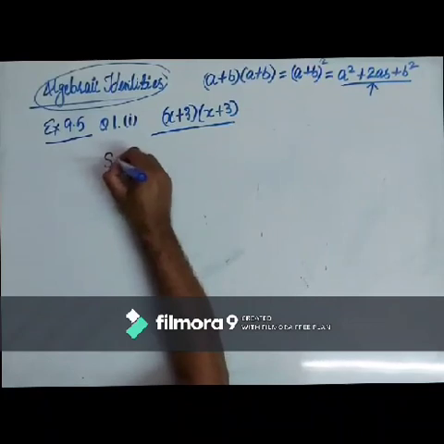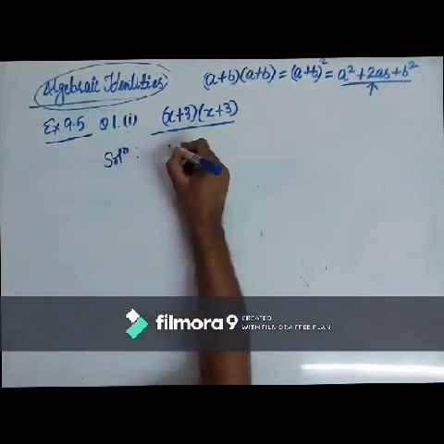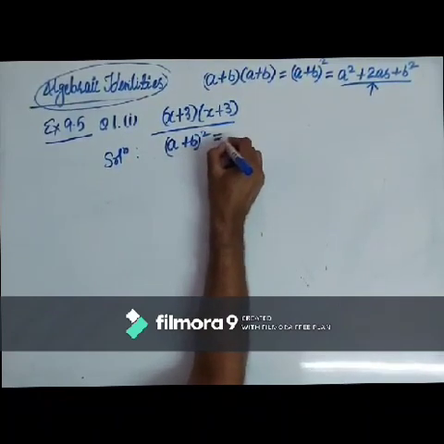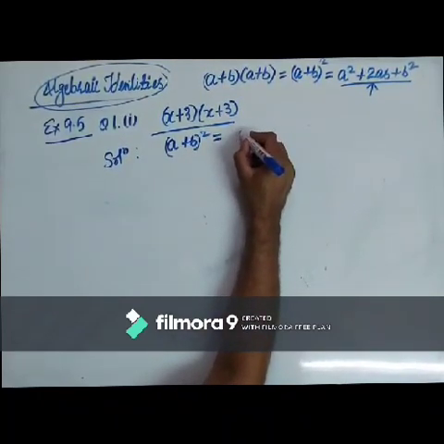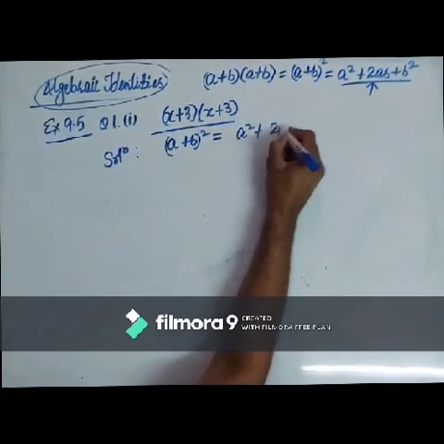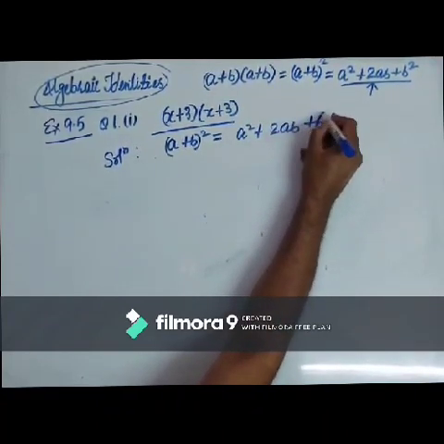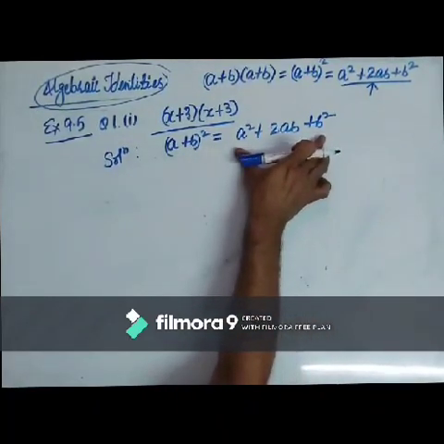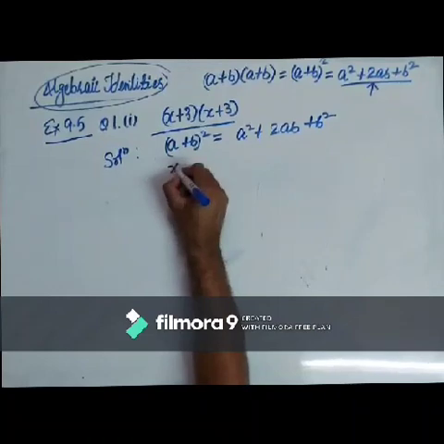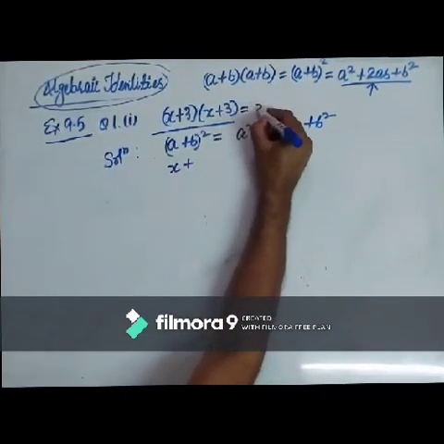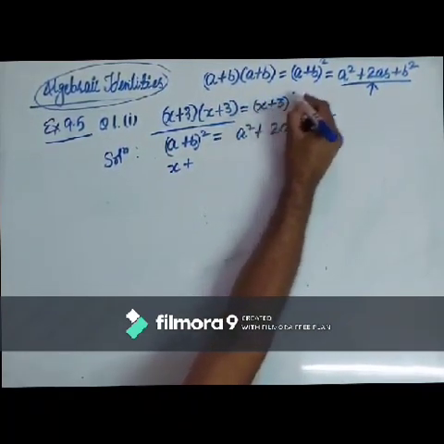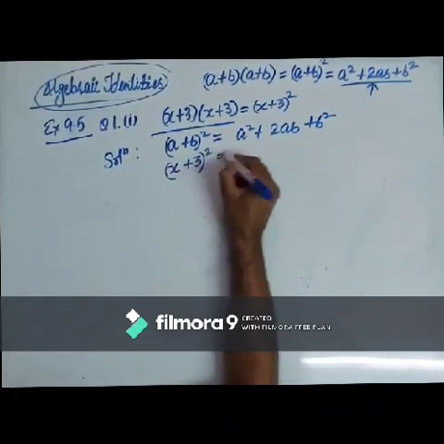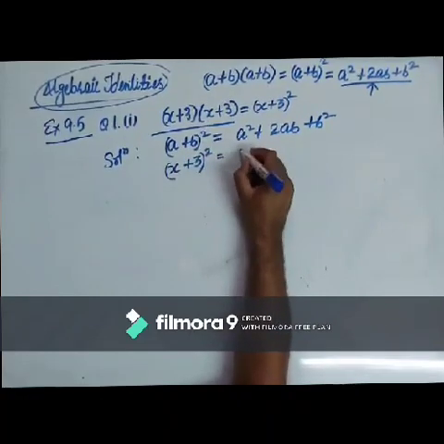So if I write here a plus b whole square, which is equal to a square plus 2ab plus b square, now just put the question and copy this identity into it. So x plus 3 into x plus 3 is equal to x plus 3 whole square, isn't it? Find out your a is x here.